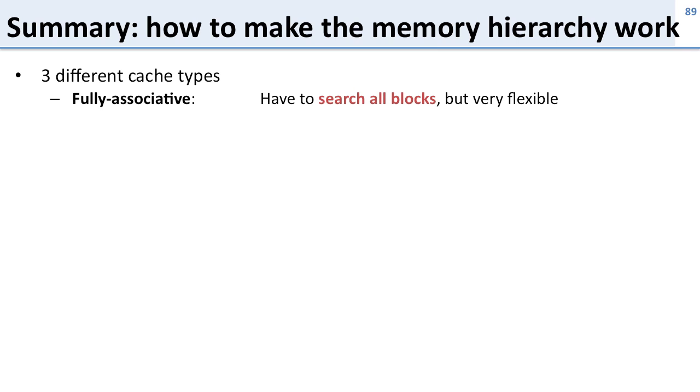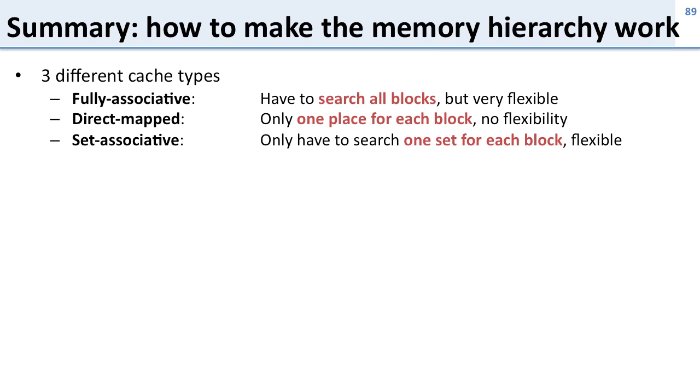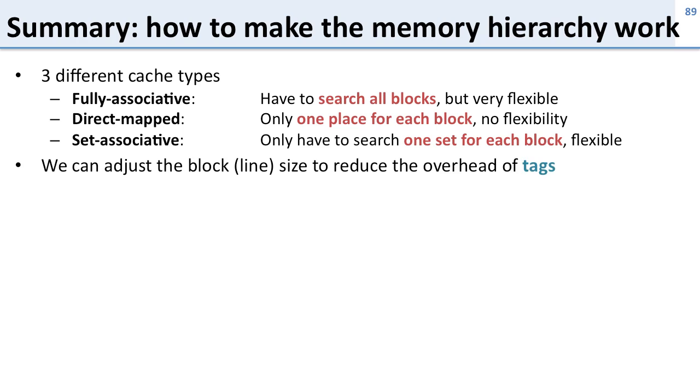So, how do we make the memory hierarchy work? We talked about 3 different types of caches: fully associative, which are very flexible, but you have to search all the blocks; direct mapped, which have no flexibility, but are easy to search because every block can only go in one place; and set associative. In set associative, we only have to search a set for each block, so they have a good trade-off in flexibility and complexity.